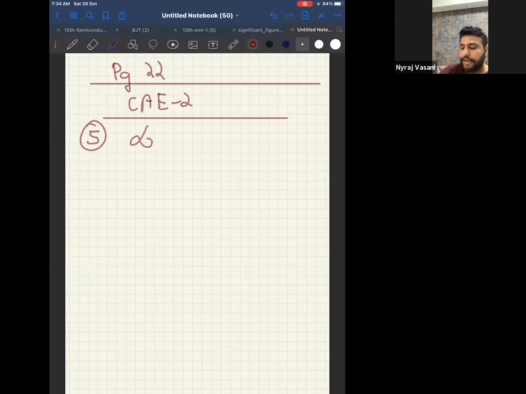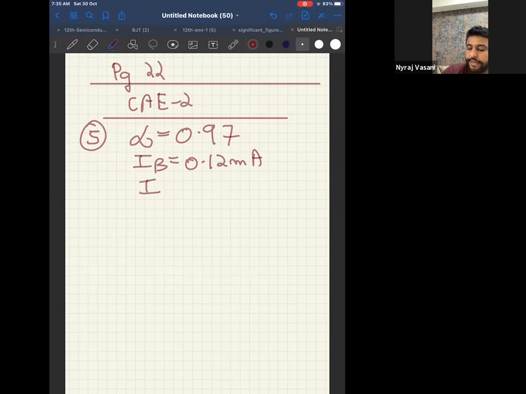That means alpha is equal to 0.97 and base current is 0.12 milliampere.